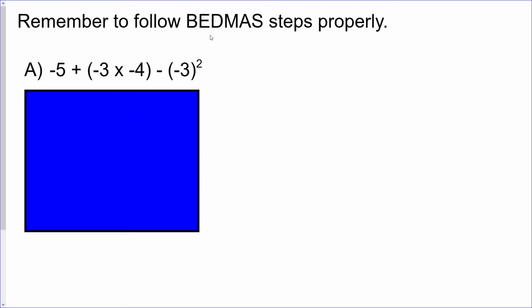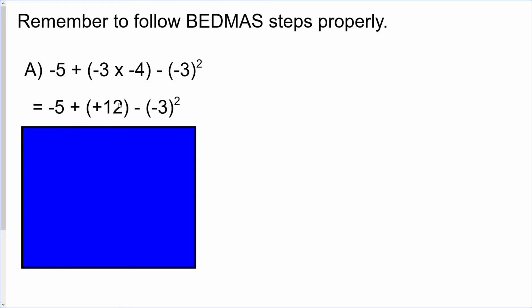First you can see some brackets, so we need to do that first. I suggest that you write out everything that you're not changing as you go so that things don't vanish in the middle of your question. It's also a lot easier for me to read, and your future teachers in high school as well. Please get in the habit of doing something like this so it's easy to track your numbers.